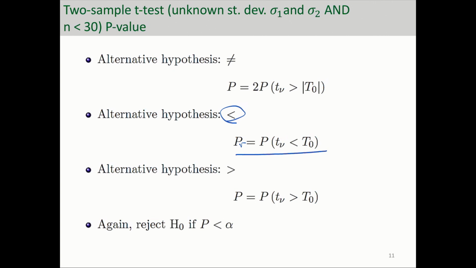P-value is equal to the probability of t with 39 degrees of freedom less than the t-score. So we're going to do that here for part C. P-value is equal to the probability of t of nu less than t-score, which means the probability of t39 less than negative 18.43.